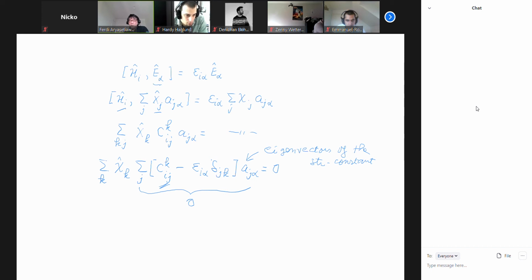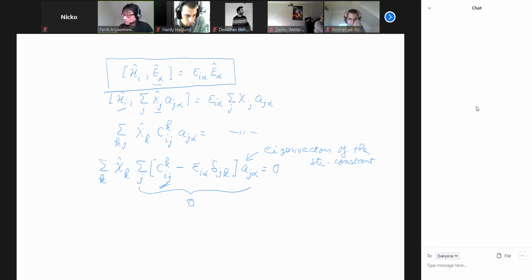If you find the eigenvectors of that according to this equation, then you find that E alpha has the property of a ladder operator.